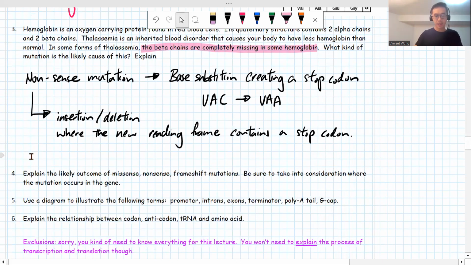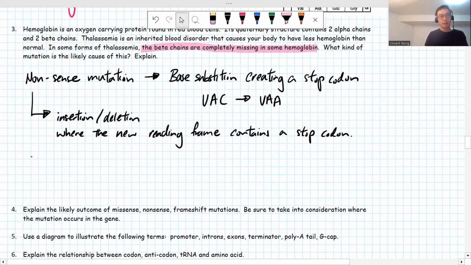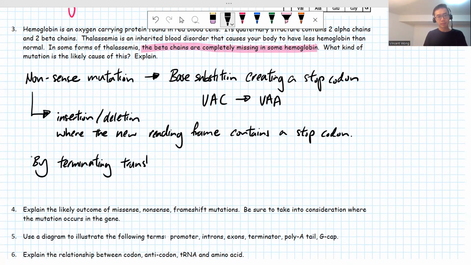I guess we can explain a little bit further by terminating translation prematurely. The protein is truncated, we say.